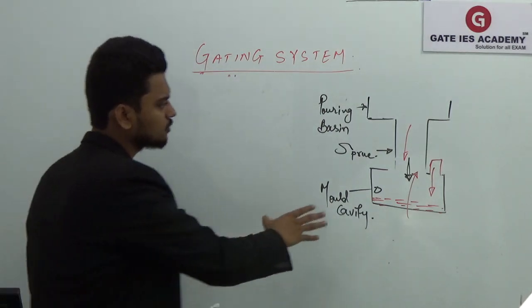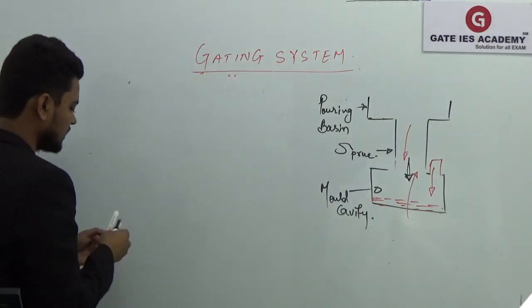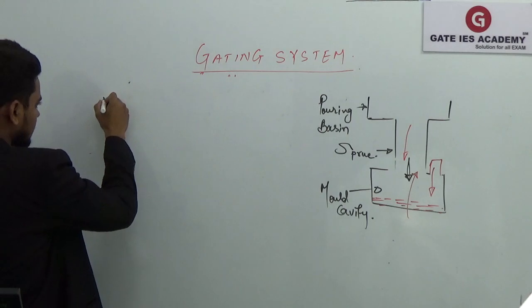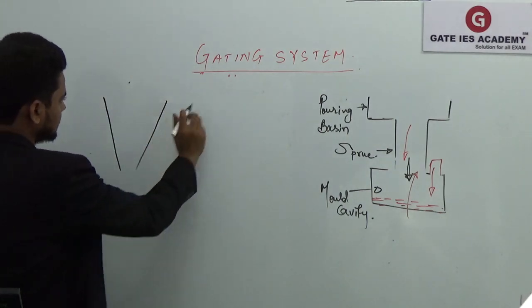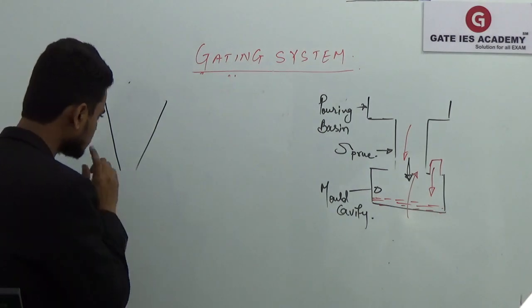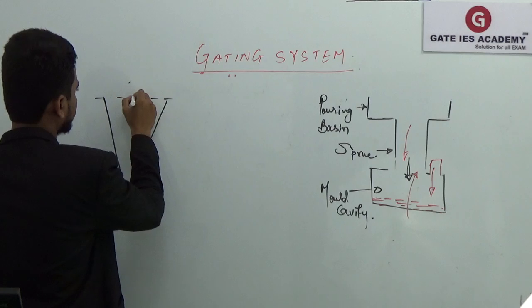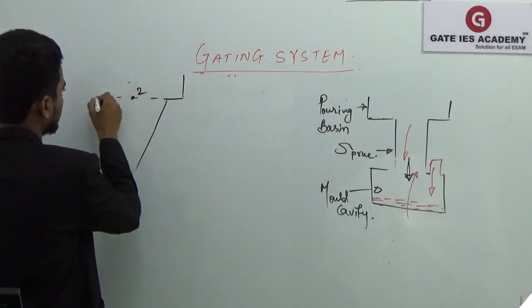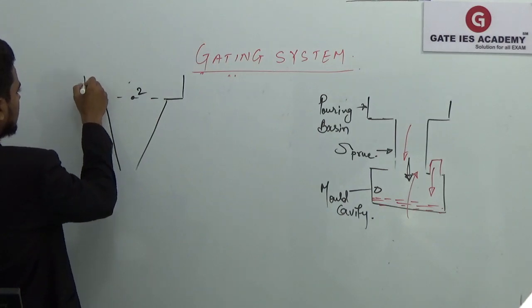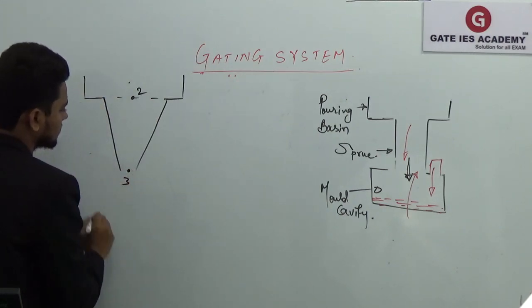What I said is we do not use the straight cylindrical sprue. In place of that we use the straight tapered one. Okay. So say the cross section at this point is 2 and this is your cross section 3.